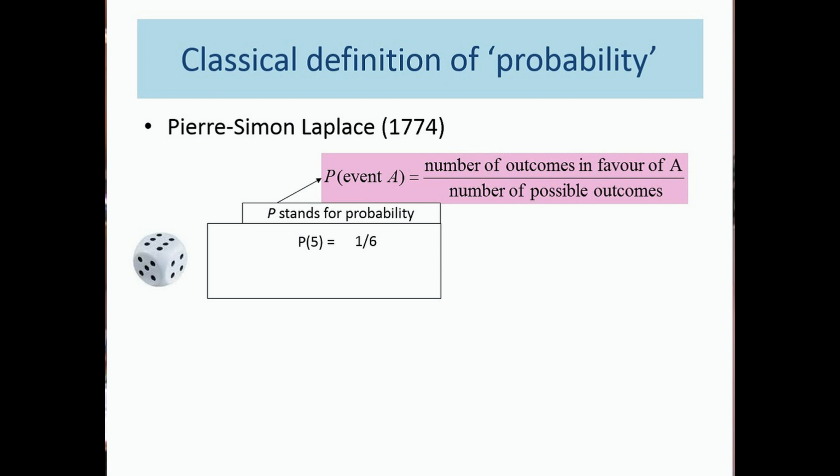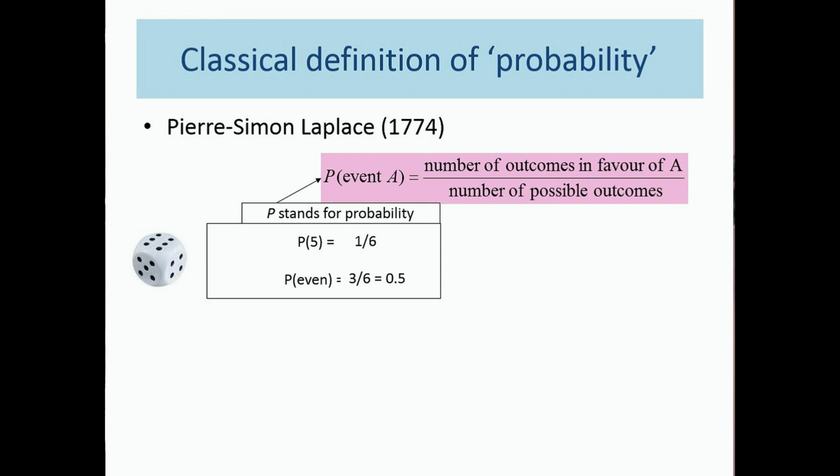The answer will be 1 out of 6. The probability that the number of dots will be even: well, there are 3 outcomes in favor of A, 2, 4, and 6, out of the number of possible outcomes. So the probability will be 3 divided by 6.